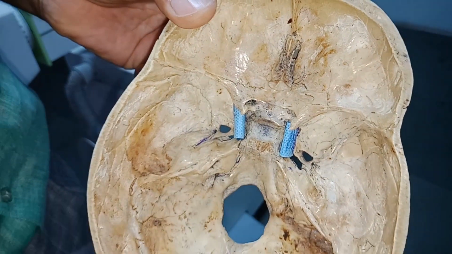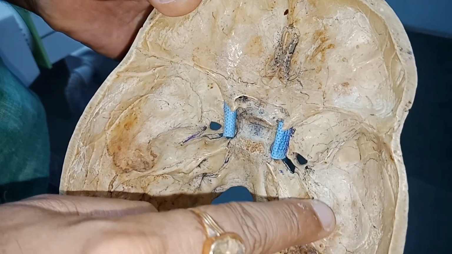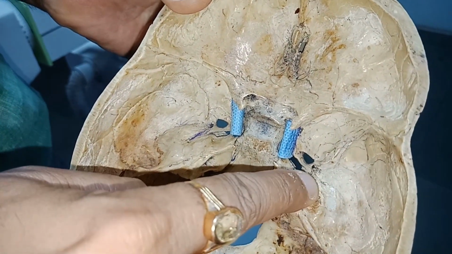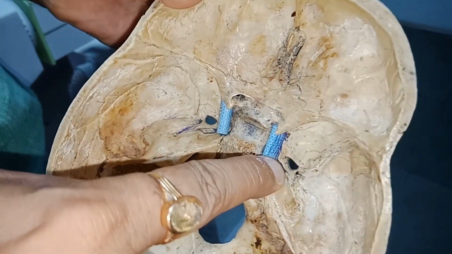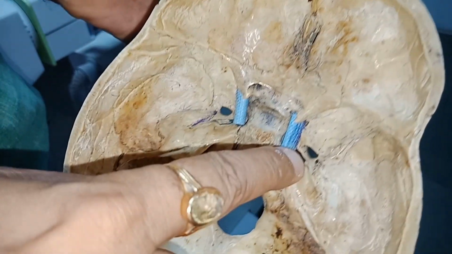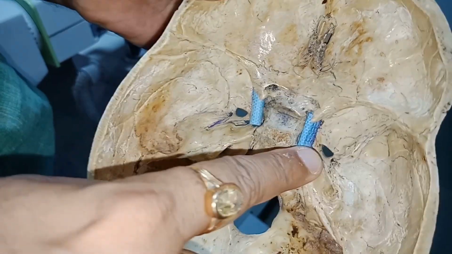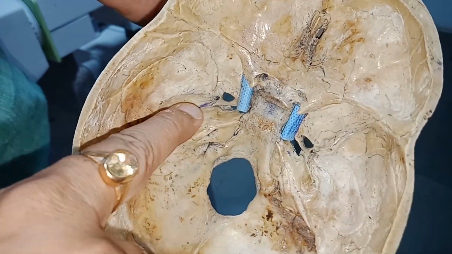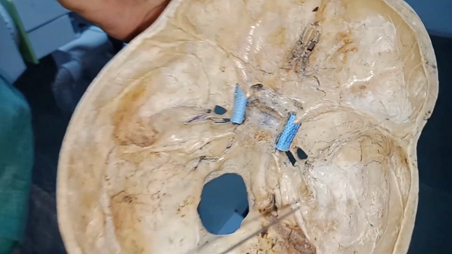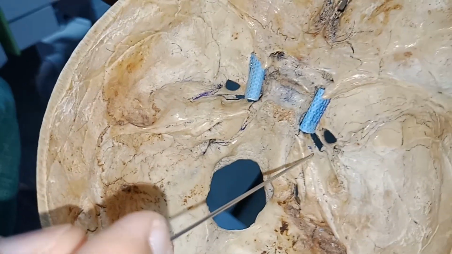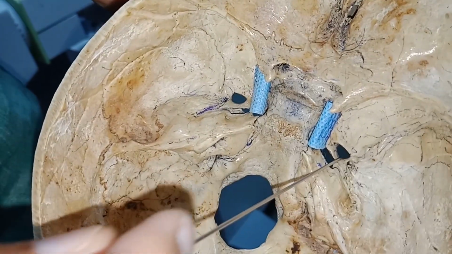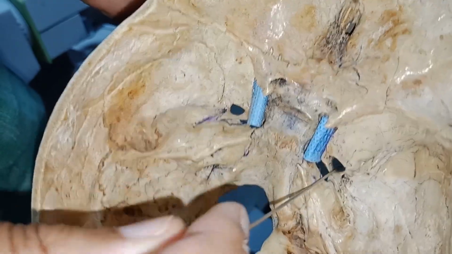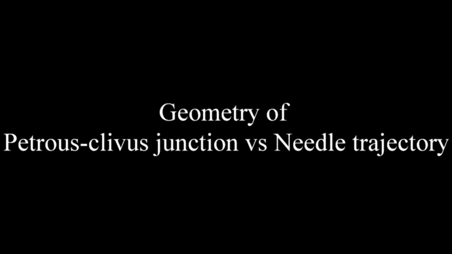Here also Meckel's cave. If I feel with my finger, I will come here medially and I will fall in a fossa. So that is the Meckel's cave where the trigeminal ganglion is residing. Here also Meckel's cave. And just exactly below the Meckel's cave, we are getting the foramen ovale.